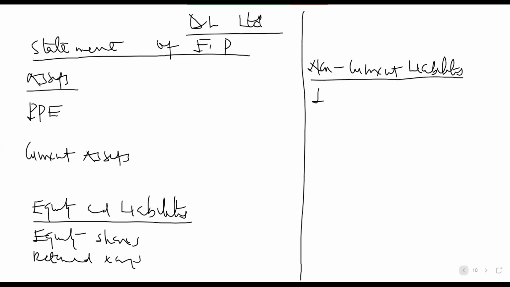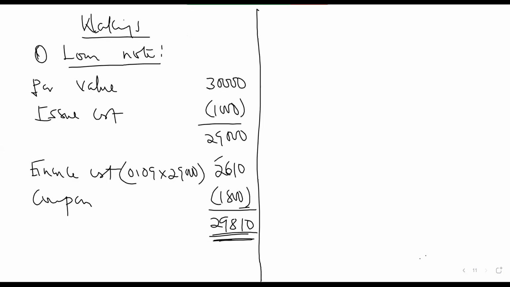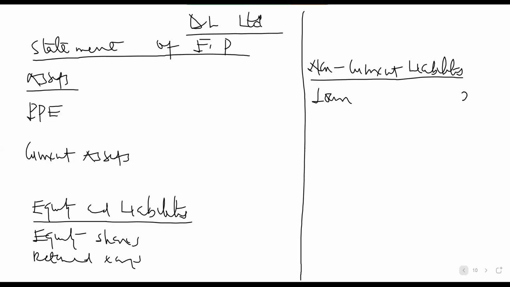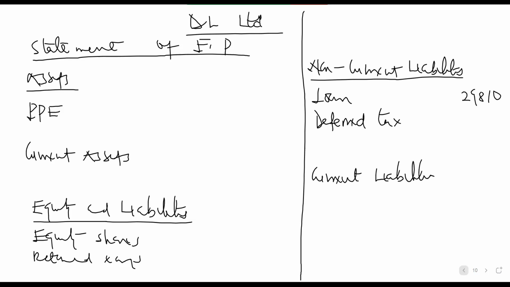And I have the loan, which will be 29,810. Then I have deferred tax. Then maybe I have my current liabilities over here, and I have the current tax. Okay, so we are done with note 1.